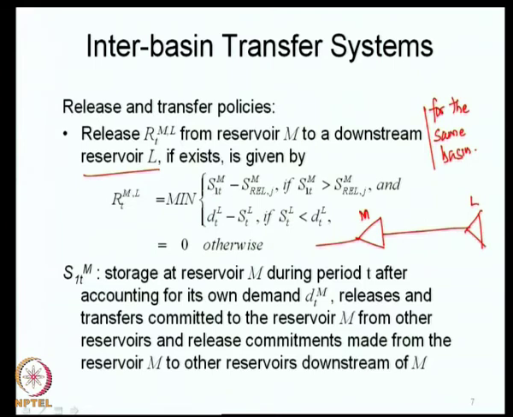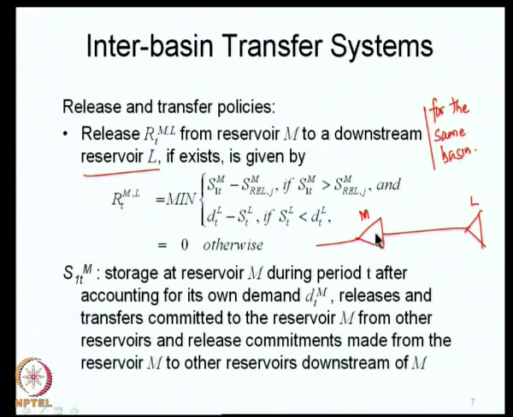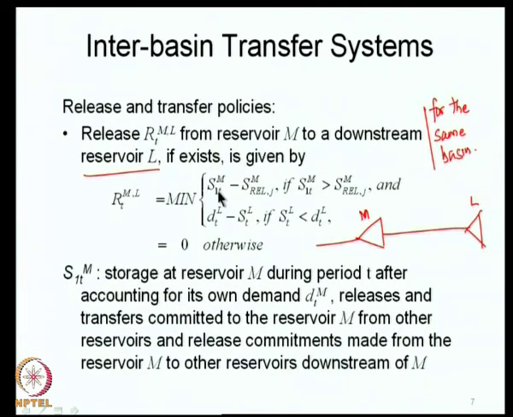First of all, this storage that is available here in reservoir M must be greater than that particular zone here. So, we should be in this zone. So, storage must be greater than SREL after meeting its own demand. So, I will define S1T here for the reservoir M, that is in the time period T, as the storage at reservoir M during period T after accounting for its own demand DTM, that is in time period T at reservoir M. So, meet all of its own demands, then releases and transfers committed to the reservoir M from other reservoirs.